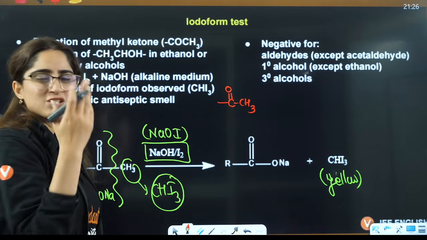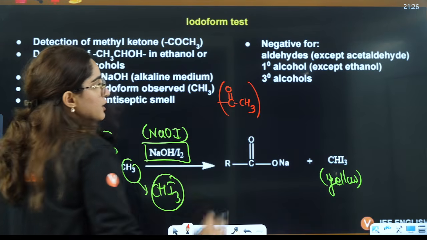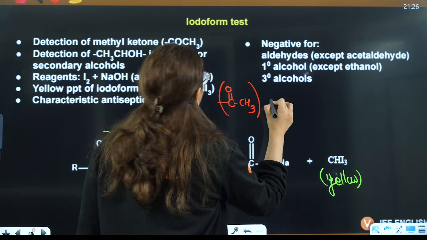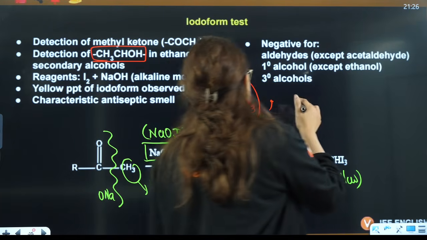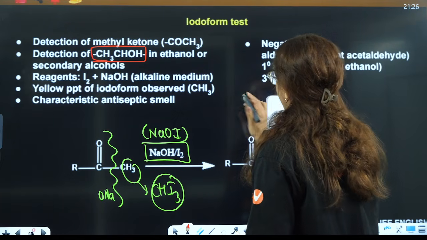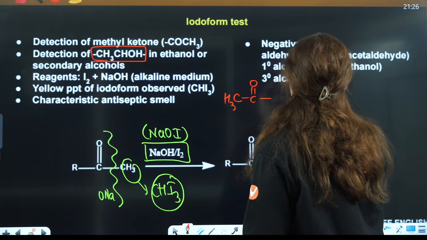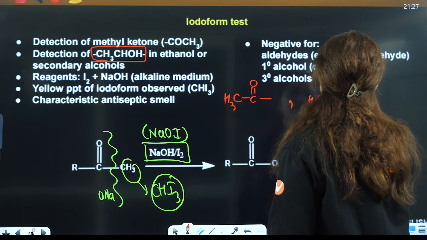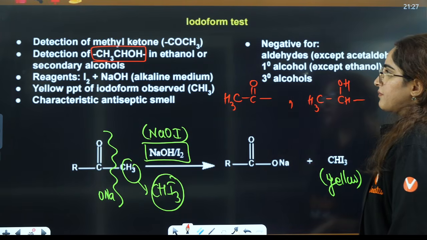I will not ask you to cram it, just remember this particular thing should be there. And then there should be CH3CHOH, that means if you reduce this, it will be CH3, C double bond O should be there, or CH3, this is C, OH and this is H. This should be there, right?